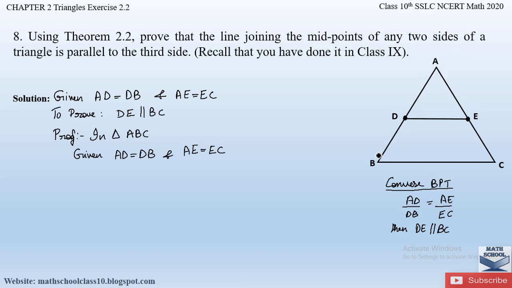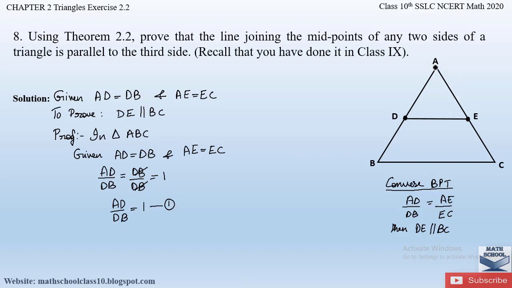If you take the side AB, then it is divided as AD by DB. So we have AD by DB, but it is given that AD is equal to DB since D is the midpoint of AB. So let us substitute AD is equal to DB, giving DB divided by DB. This will cancel out and be equal to 1. Therefore we can write AD divided by DB is equal to 1. Let this be equation number 1.